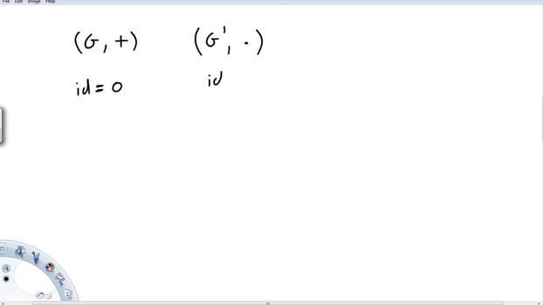And the identity here would be 1. Okay, so frequently algebraists use this symbol 0 to denote the additive identity element, and the symbol 1 to denote a multiplicative identity element, even if they may not be actually denoting the integers 0 and 1.